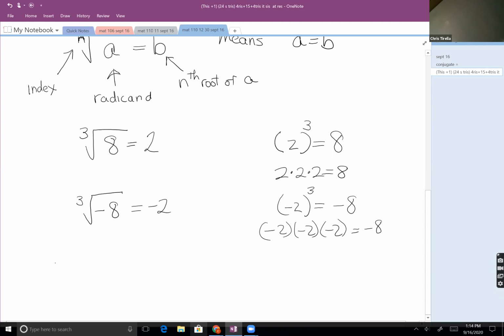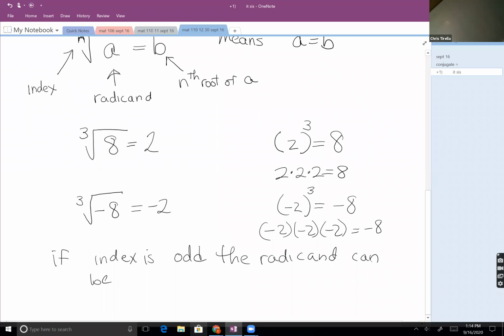And we're going to find that if the index is odd, the radicand can be negative, and the root will be negative.